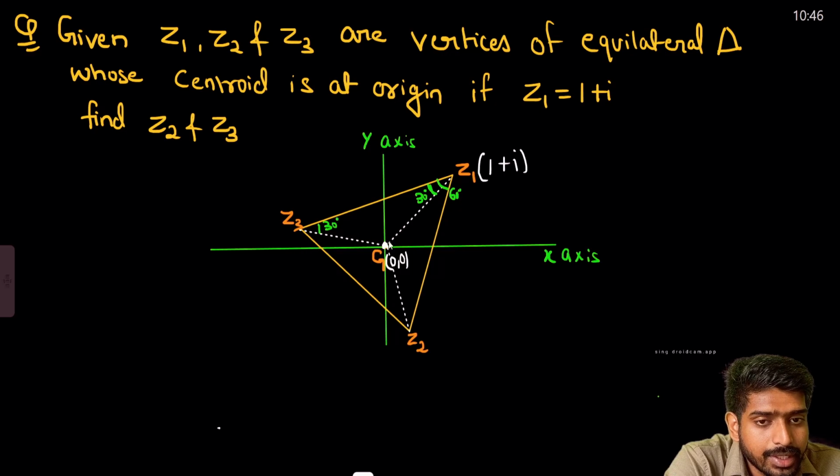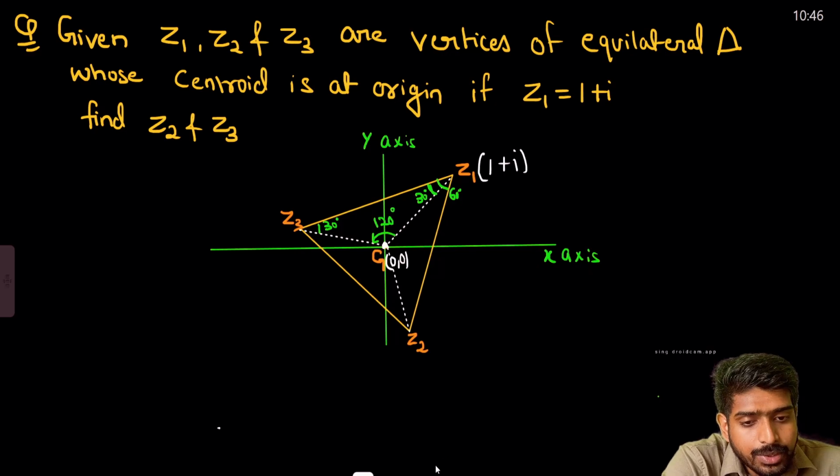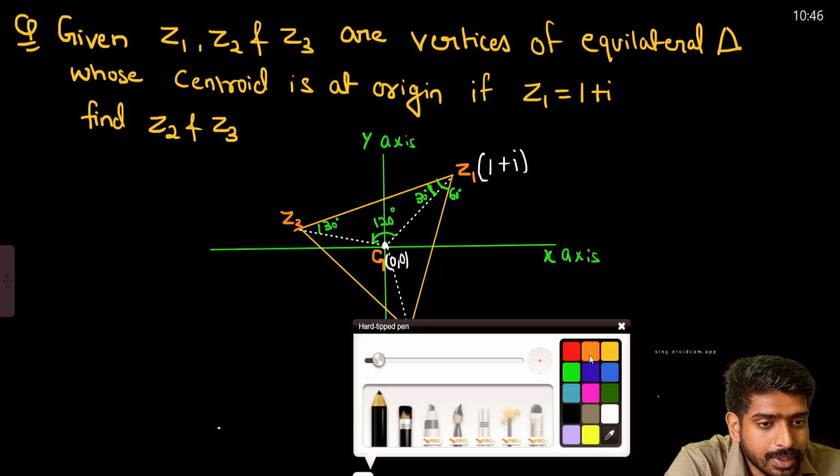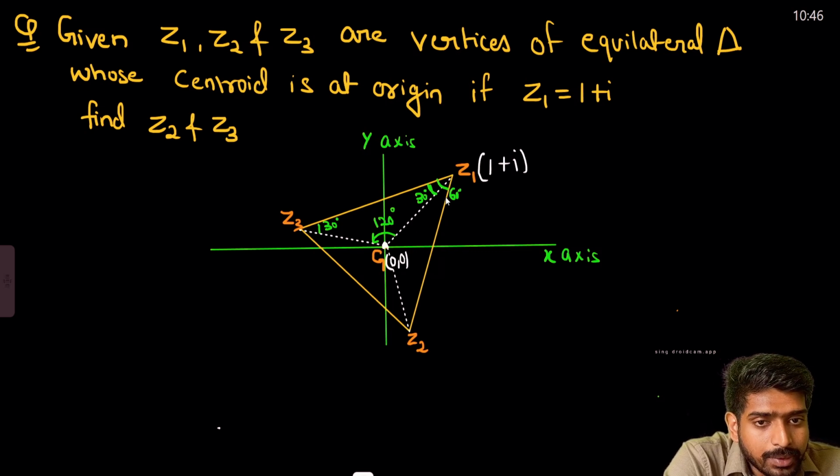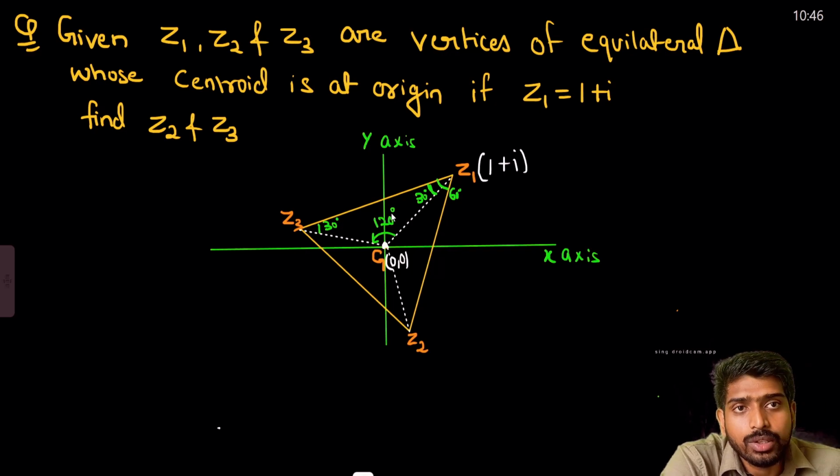If these two are 30 degrees in the triangle G Z1 Z3, this angle will be 120 degrees. Got it? So from this complex number Z1, we can get Z3 by rotating Z1 by 120 degrees in the anti-clockwise direction.